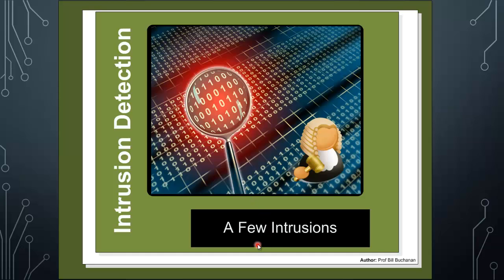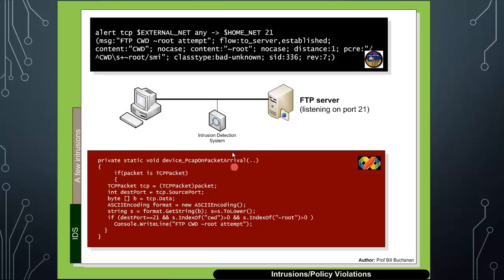So let's have a look at a few different types of intrusions, especially focused on understanding the Snort rule format. This shows an example of a rule that we would have for Snort. We're listening on port 21, the communication between our host and the server.